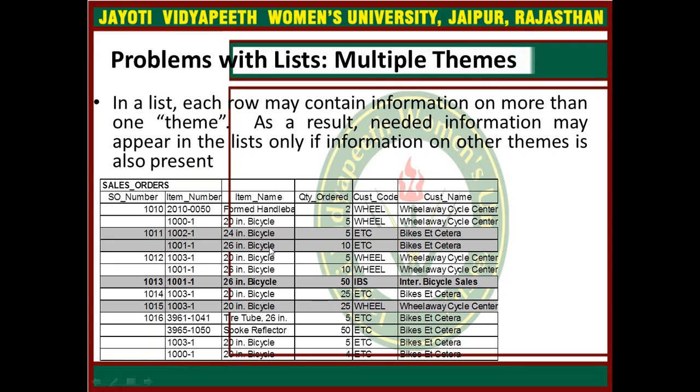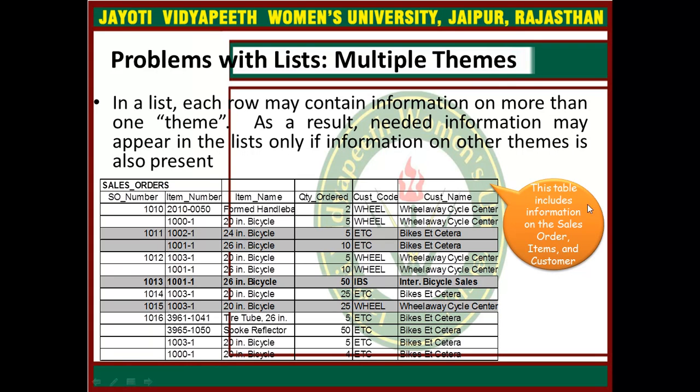You see here that other things are also present, like this is inter-bicycle sales and this quantity is 26, but this is the same as 1001, which also shows in 1001. So there are multiple themes which occur. Okay, so there is also a problem.